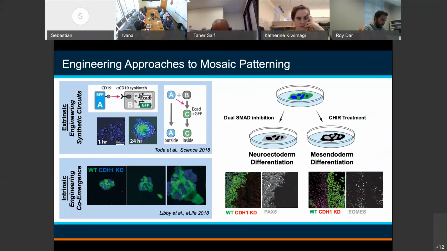That is to say, on the left side for the neuroectoderm, you see that wild type cells exclusively acquire PAX6 expression and are more biased towards neuroectoderm, whereas on the right side, if they undergo mesendoderm differentiation, the CDH1 cells will preferentially express mesodermin. And this is something that we see also in different types of patterning events.